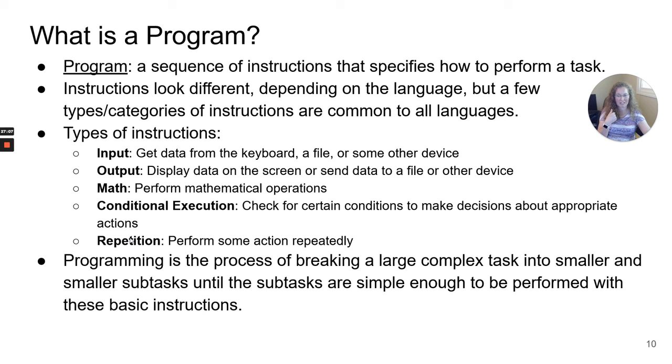I just repeat that over and over until you've guessed it correctly. So I'm able to take this complex task and break it down into input and output statements, math statements, conditional execution, and repetition.